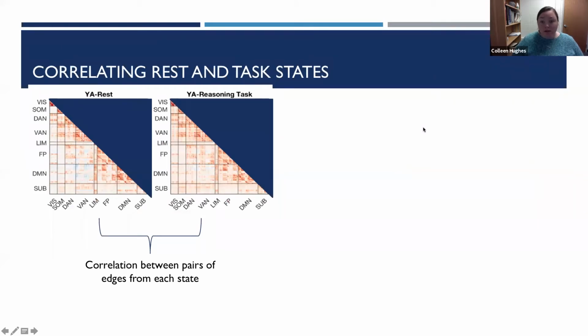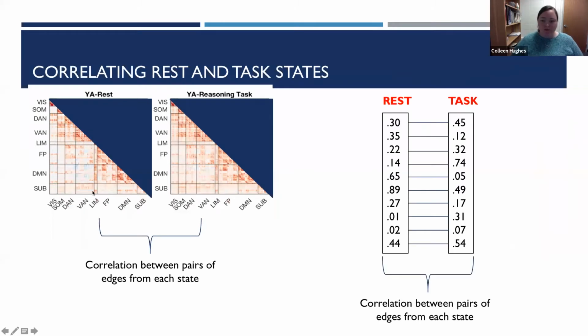So to look at the correlation between states, what we do is adapted from Michael Cole's group, which is essentially we take all the non-redundant connections because the matrix is symmetric. We put them into vectors. So this is just random numbers, not real data. This is real data, that's not.